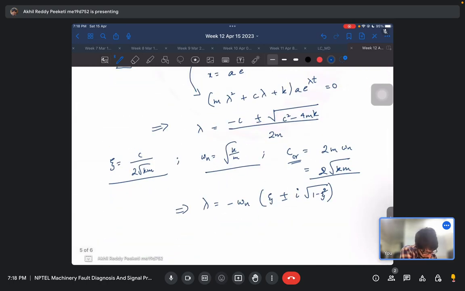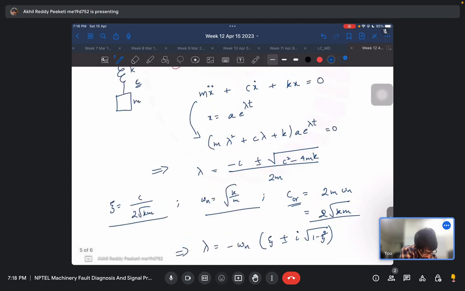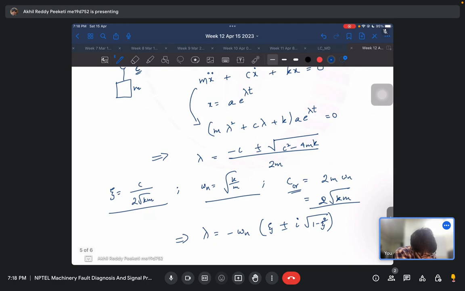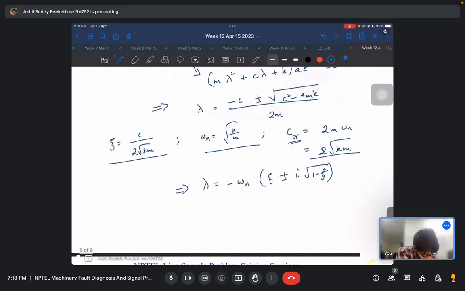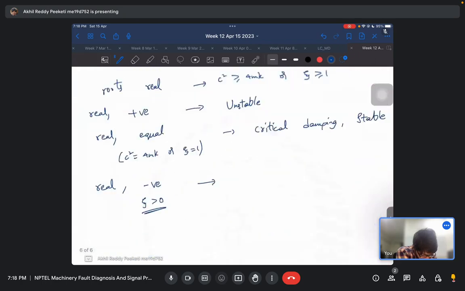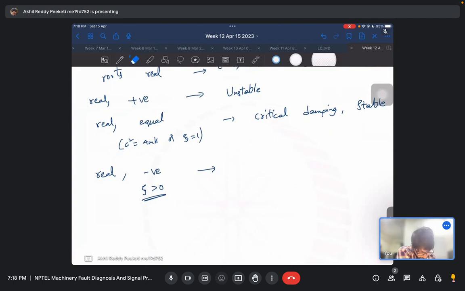So positive or negative depends on how c and c square minus 4mk are related.